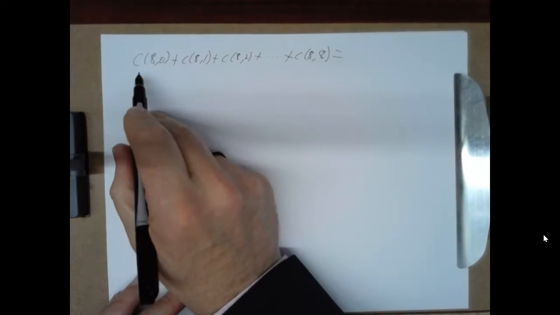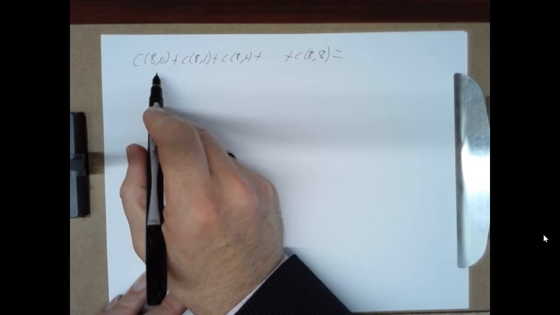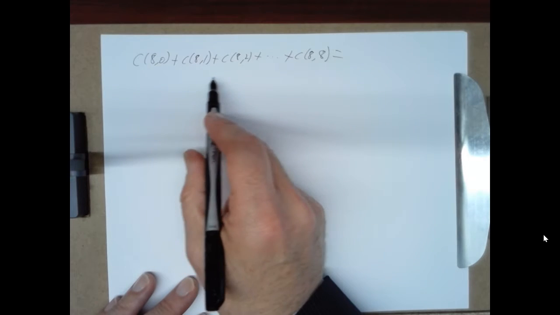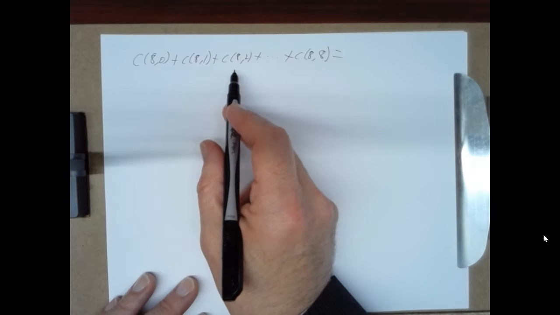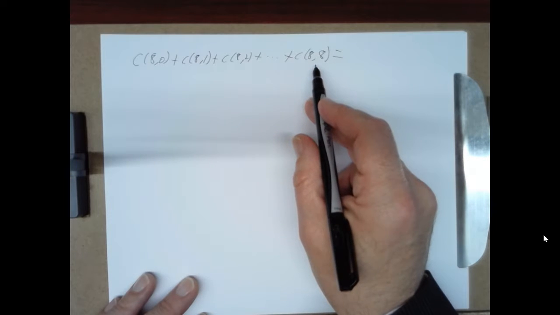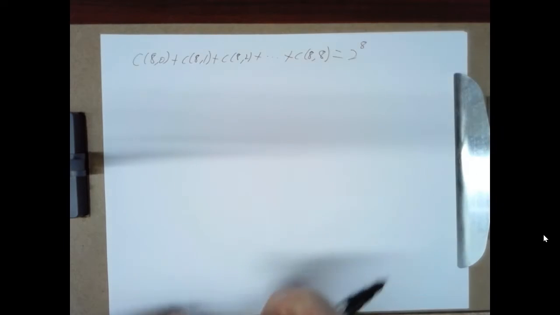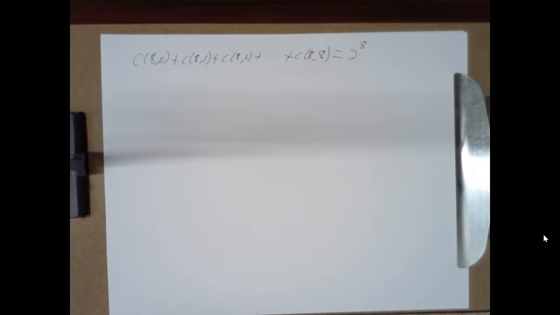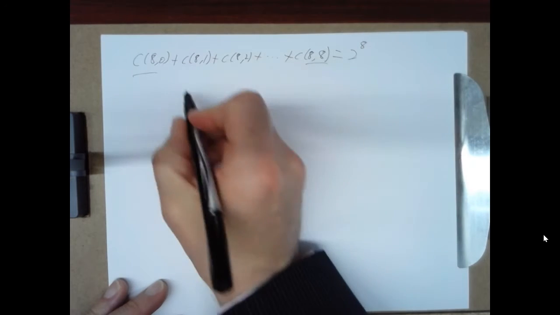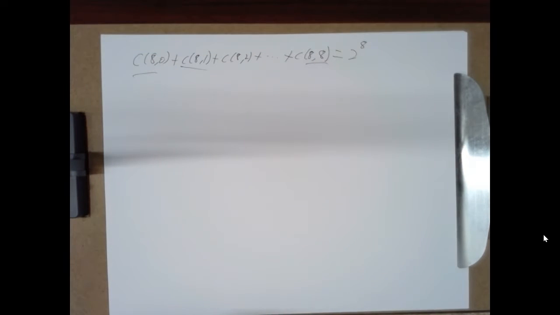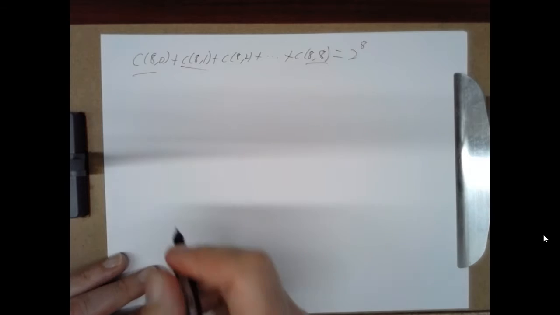So this is the number of 8-bit strings with 0 ones, number of 8-bit strings with 1 one, number of 8-bit strings with 2 ones, up to number of 8-bit strings with 8 ones. So that's equal to 256. It's the number of all strings. Is that sequence symmetric? Yes. This will turn out to be equal to this. This will turn out to be equal to C(8,7). So this is a little weird.